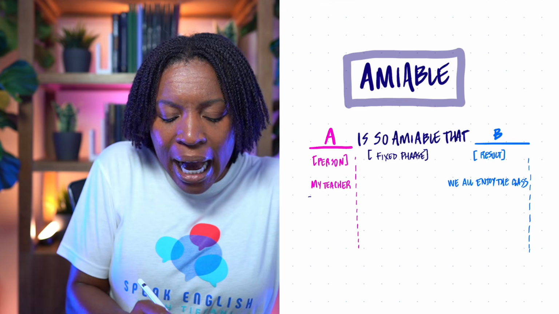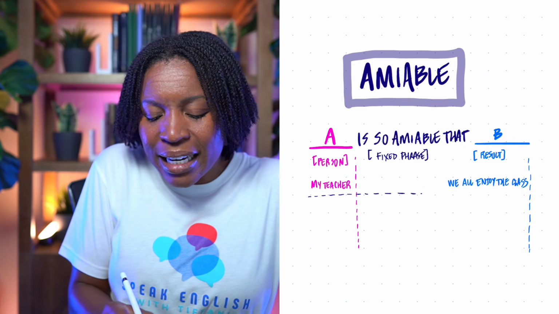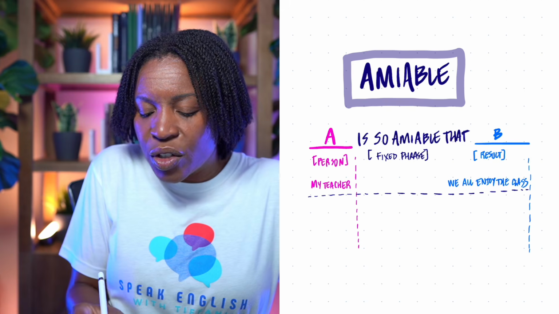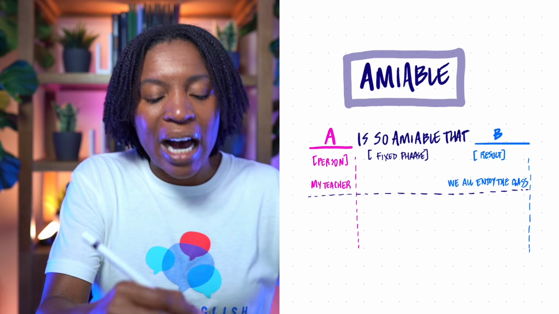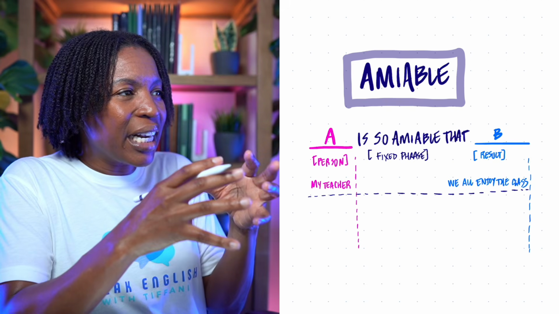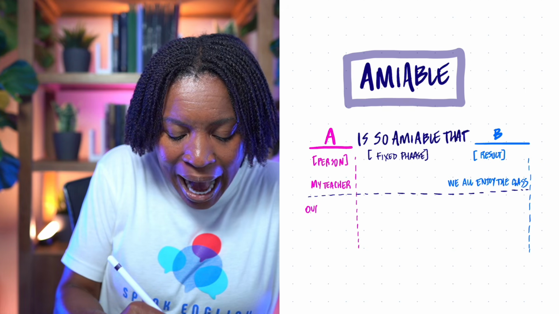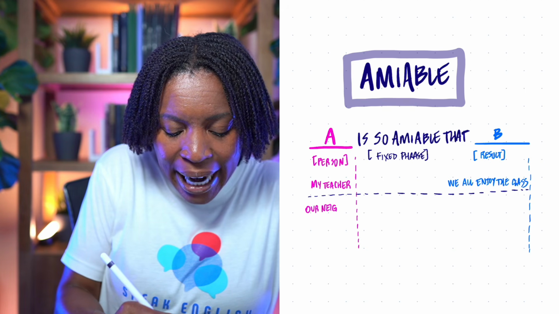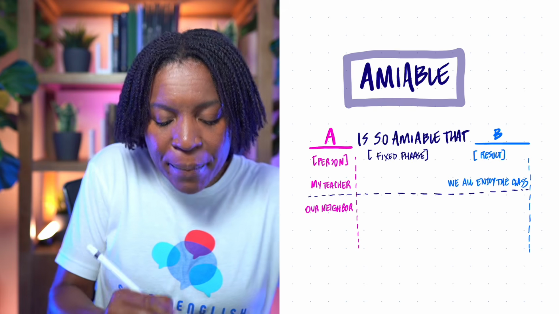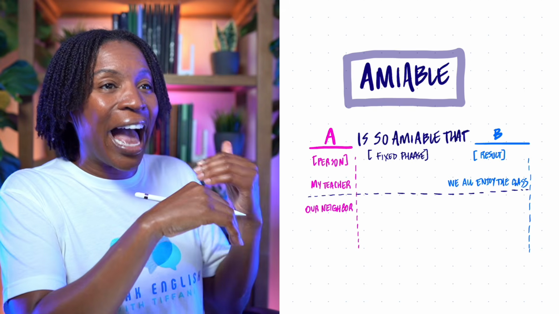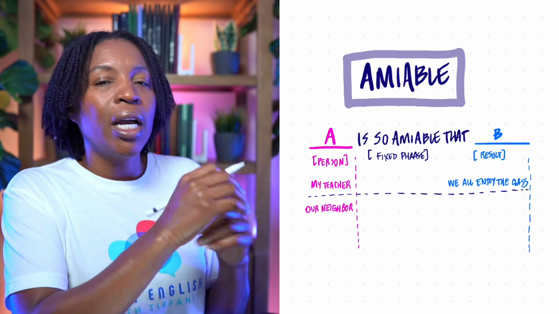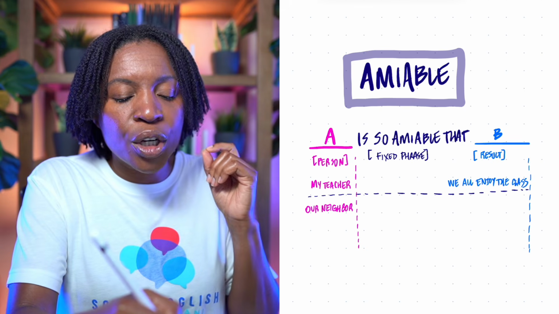Now let's go to our second example sentence. For the letter A, again, we need to find a person. So for our second example, we have our neighbor. Our neighbor is so amiable that, what's the result? She shares fruit with us.